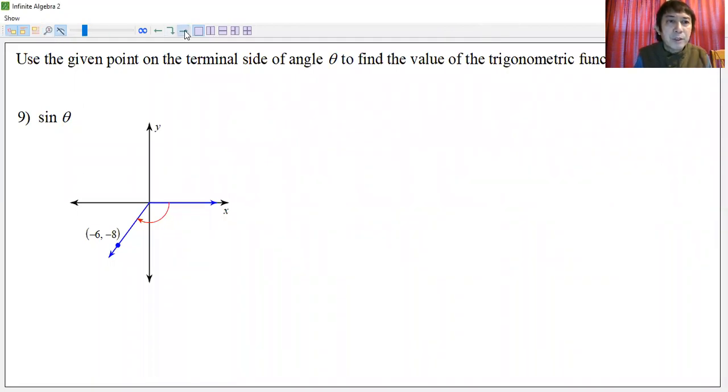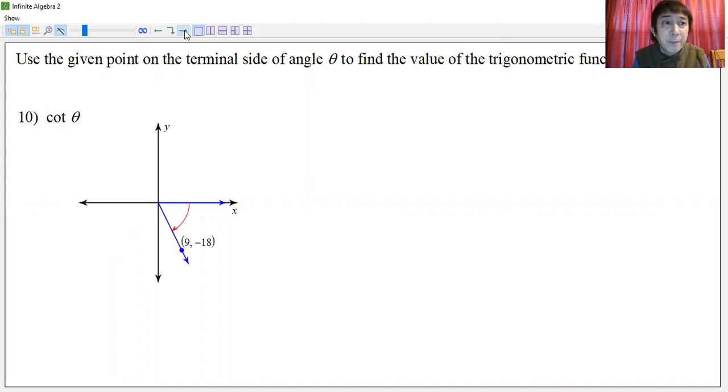Okay, here's number 10. Another diagram. Use the given point on the terminal side of angle theta to find the value of the trigonometric function. We're after cotangent theta. Cotangent theta does not require the hypotenuse. We shall just draw our reference triangle at the fourth quadrant.